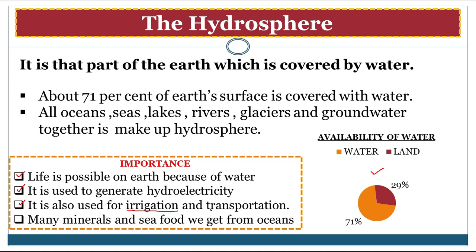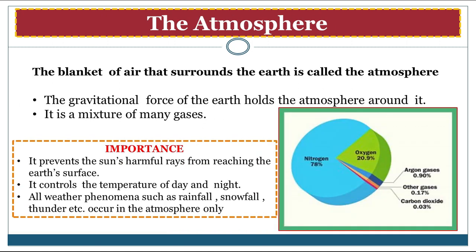Next, we get many minerals and seafood from the oceans, like the salt which we use in our homes, that is also a mineral obtained from the oceans, and seafood like fish, crab, and other types of food we also get from the oceans. So these are some benefits of hydrosphere.